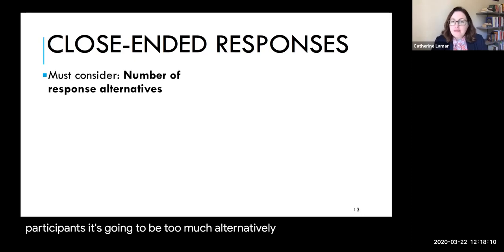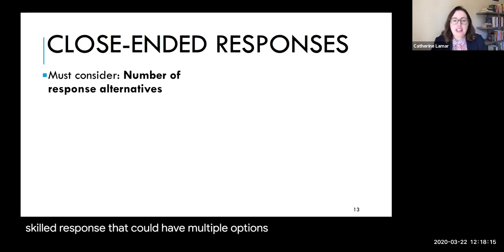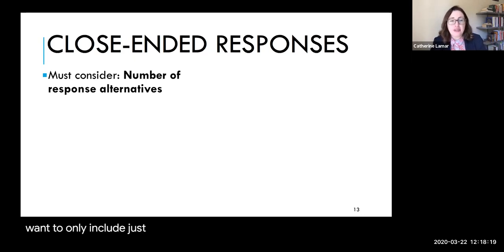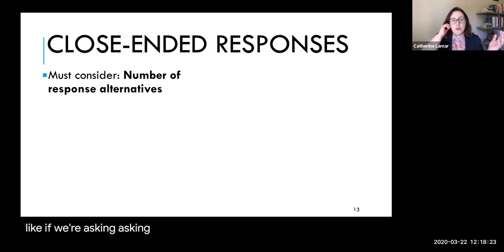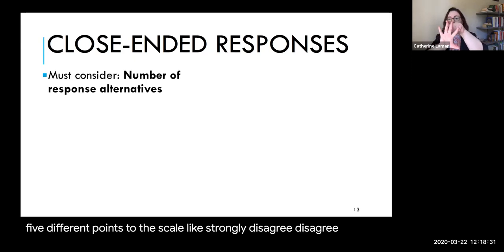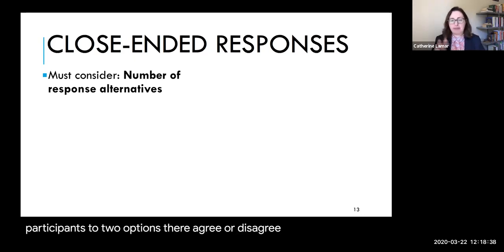Alternatively, when working with a scaled response that could have multiple options, we probably also don't want to include just a couple of those options for our participants. Like, if we're asking a scaled question that could theoretically have maybe 5 different points to the scale, like strongly disagree, disagree, neutral, agree, strongly agree, we probably don't want to limit our participants to 2 options there, agree or disagree.